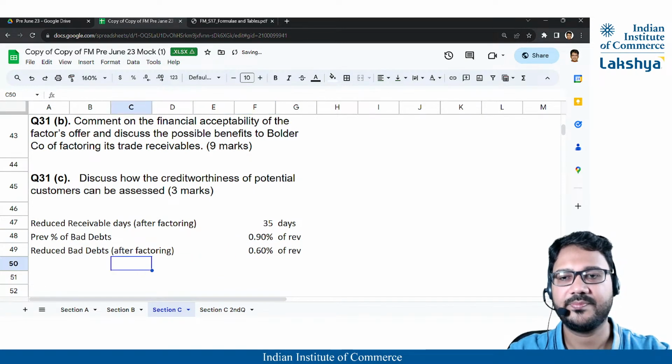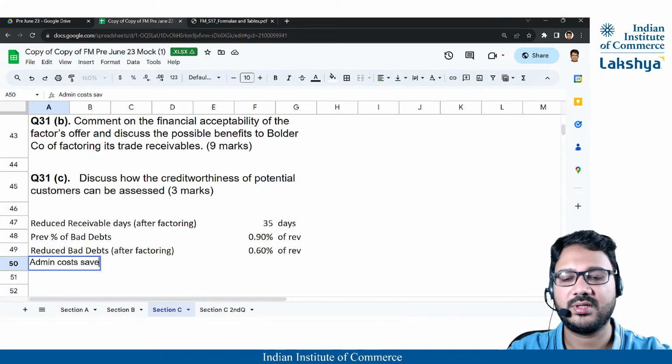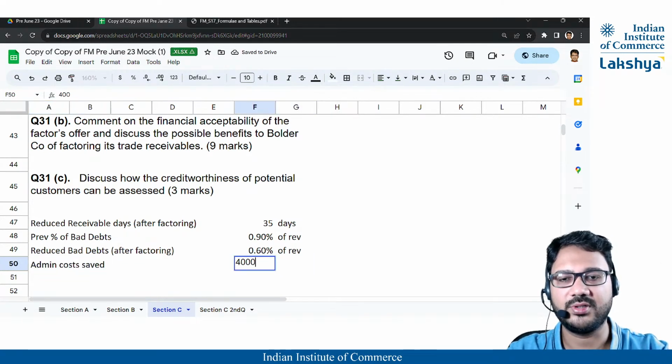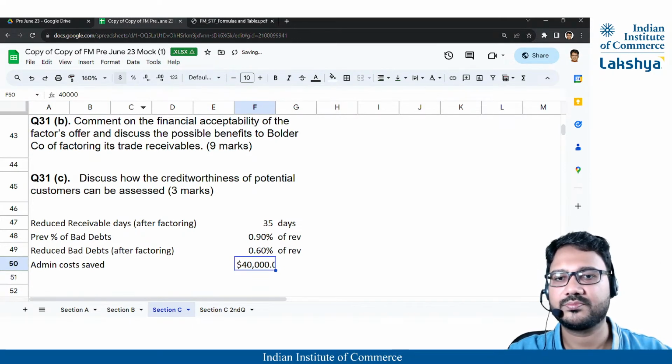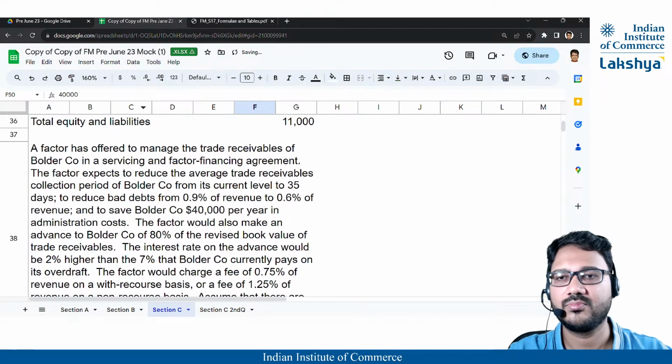Then admin costs saved is dollars 40,000 per year.